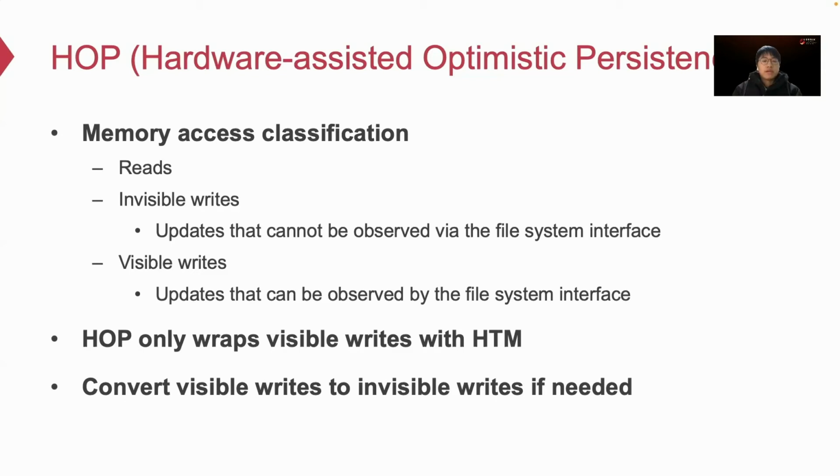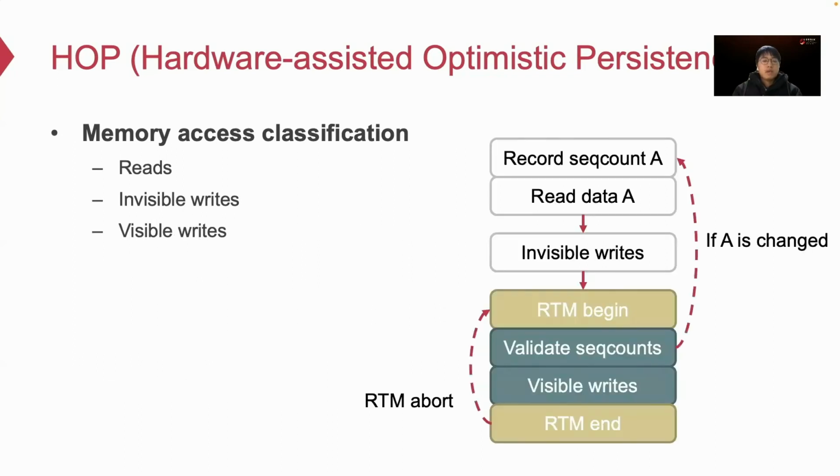To alleviate the capacity aborts caused by complex file system operations, HOP splits a single file system operation into multiple small pieces and only wraps the visible writes in the transactions. Invisible writes are designed to be able to roll back with minimal overhead, while critical reads are protected by sequence counts.